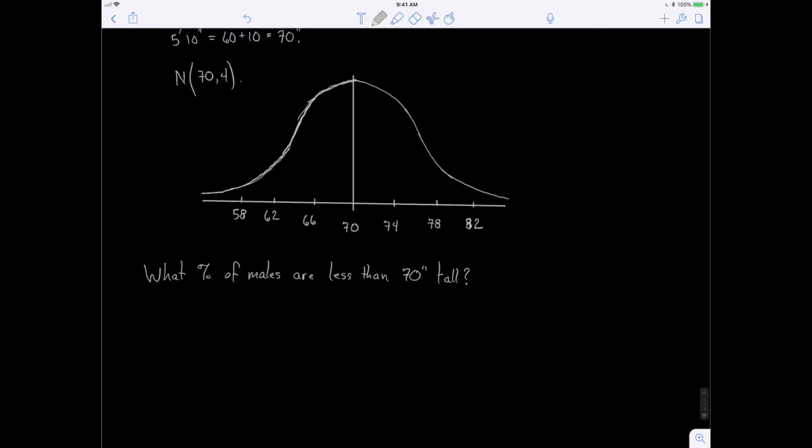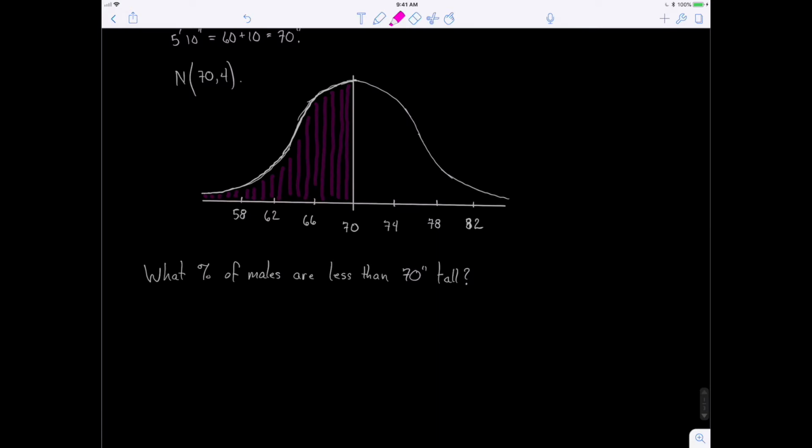Now, what percentage of males are less than 70 inches tall? Let's take a different color, maybe a pink highlighter, and highlight everything below 70. I would color all of this. Notice that 58 is 3 standard deviations below the mean, but I would continue even past that.